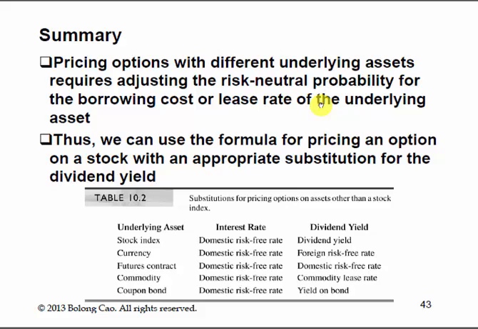So here we want to see some similarity, right? For different underlying assets, the interest rate we can apply is the domestic risk-free rate. Even for the coupon bonds, we just know that all the rates are different, right? The dividend yield in the stock index can be replaced, right? For the currency, it's the foreign risk-free rate. For a futures contract, it's still the domestic risk-free rate.